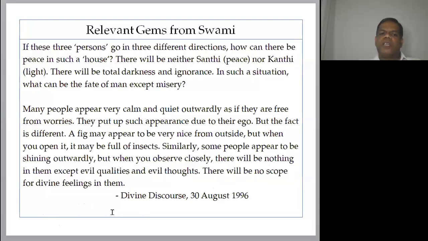So here Swami is talking about Kanti and Shanti also. Aditya Kanti Anubhuti. So God should reflect in us, and that reflection of God, Swami says, should unite our thought, word, and deed. Only when that happens, there will be Kanti within us, the light within us of the Aditya, the Lord who is reflected in us.